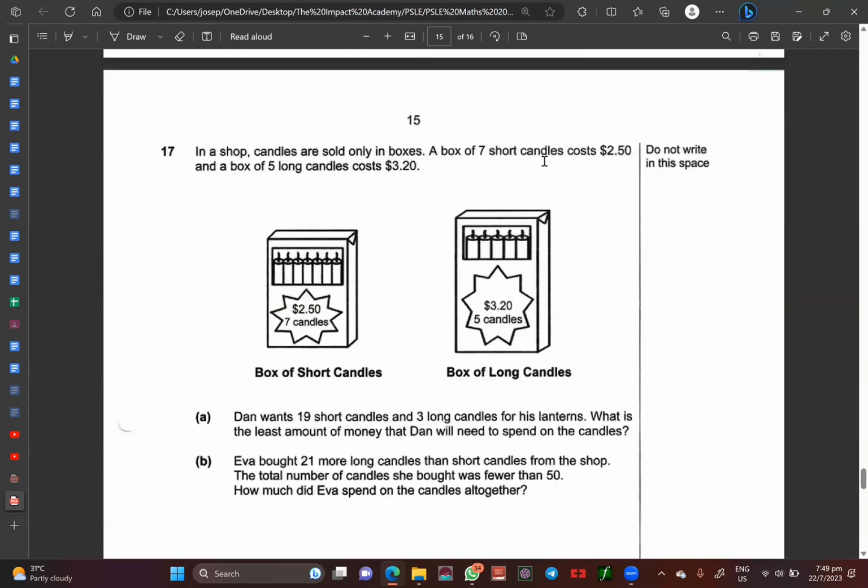In a shop, candles are sold only in boxes. You either buy 7 short candles that will cost you $2.50, or you buy 5 long candles that will cost you $3.20.